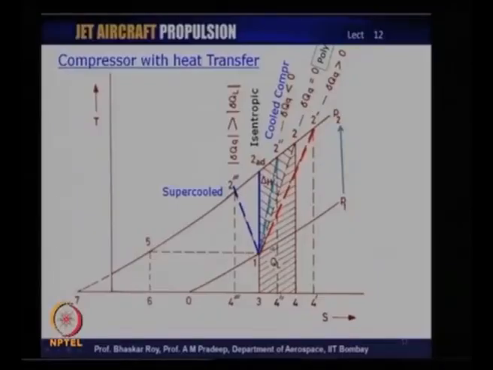Now, we can see that the area under the line 1 to 2 is indeed the extra work that is done to overcome the losses of a real process or polytropic process, and that is the extra work that one has to do to overcome this path 1 to 2. For the time being, we are considering this to be a linear path 1 to 2. We have seen before that this path could be curved for a long compression process. Let us consider a small compression process in which this path is, let us say, a linear path.